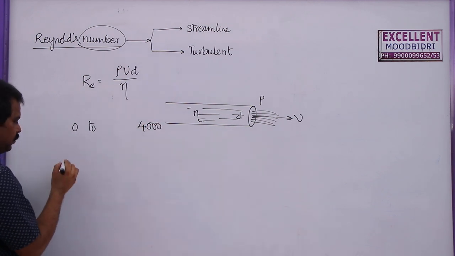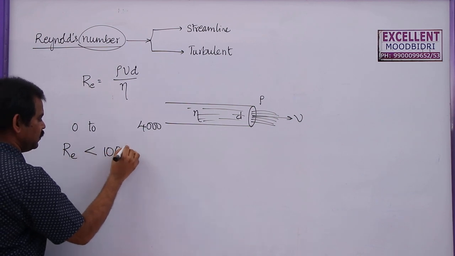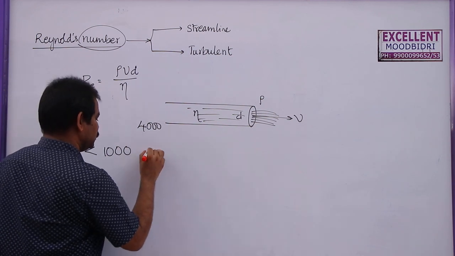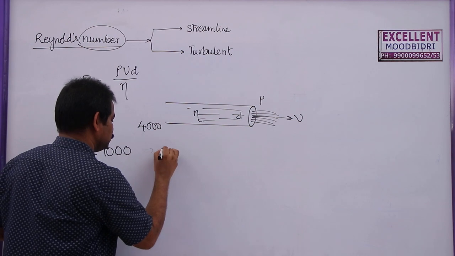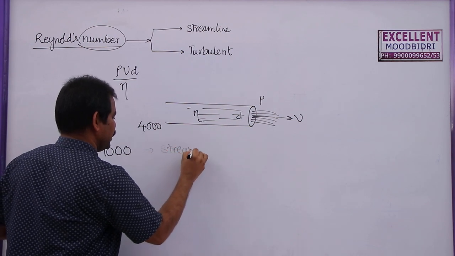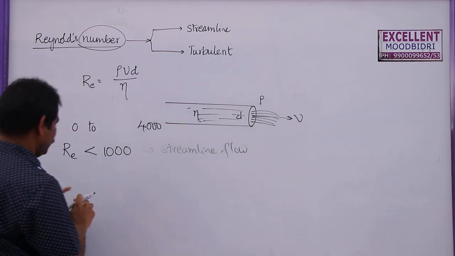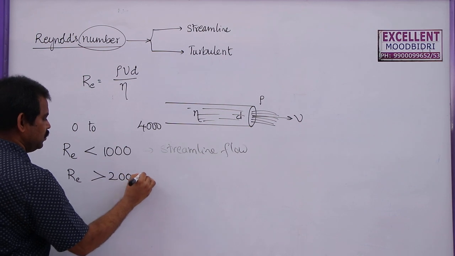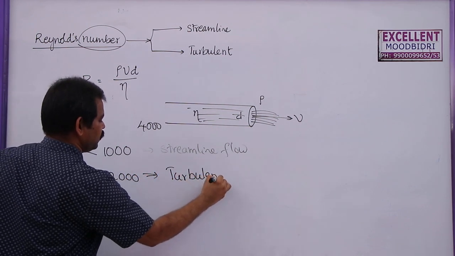Now it is found that if the Reynolds number is less than 1000, this fluid is having streamline flow. So this is a streamline flow. Now if Re is greater than 2000, this seems to be turbulent flow.